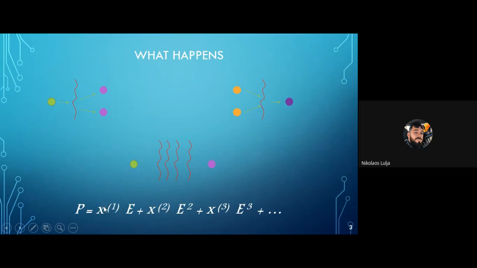Chi1 represents linear optics. Chi2 represents second order effects, in other words, nonlinear optics displayed by the first and second sketch. Chi3 is a third order effect, and so on.